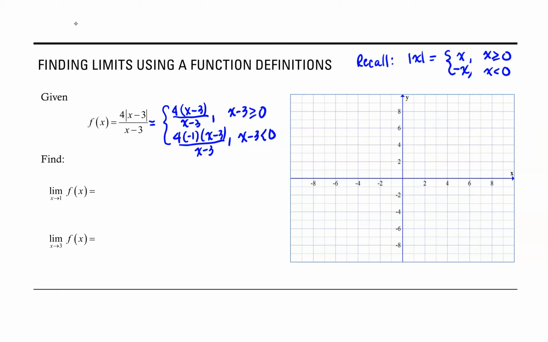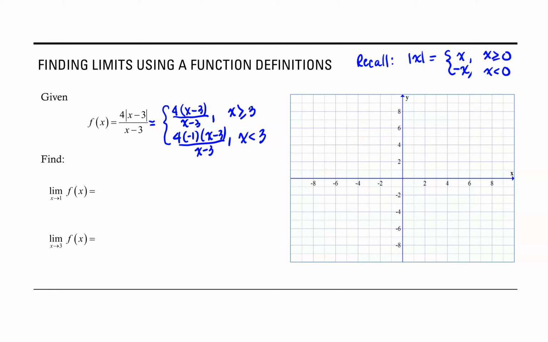Okay, well, let's simplify things a little bit here. If x minus 3 is greater than or equal to 0, we can add 3 to both sides of that inequality, and we get x is greater than or equal to 3, which means for the second part of our function, we'll be looking at x less than 3.